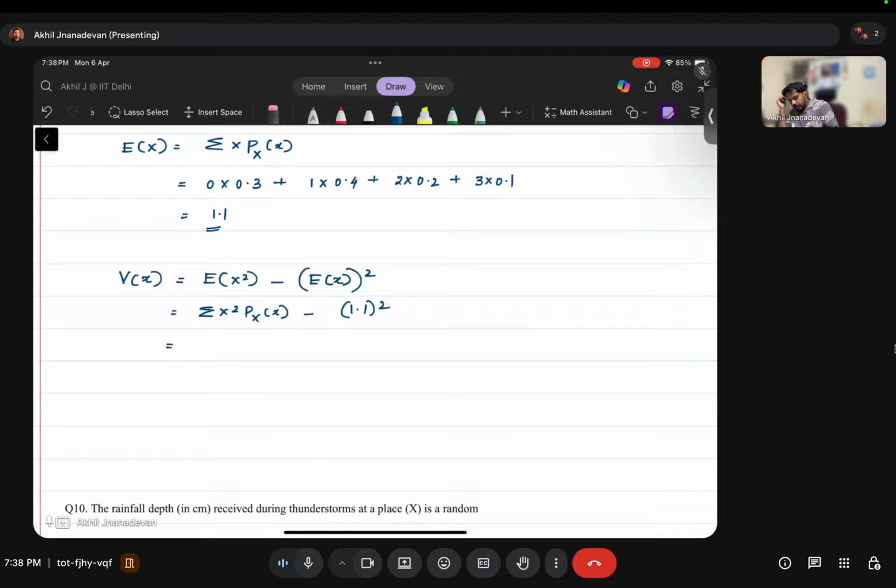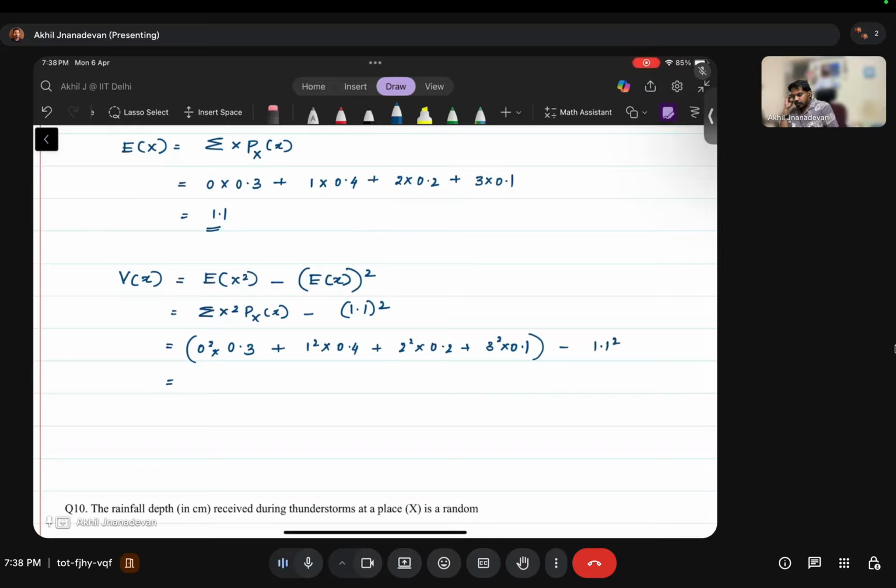That will be 0 square into 0.3 plus 1 square into 0.4 plus 2 square into 0.2 plus 3 square into 0.1, minus 1.1 square.